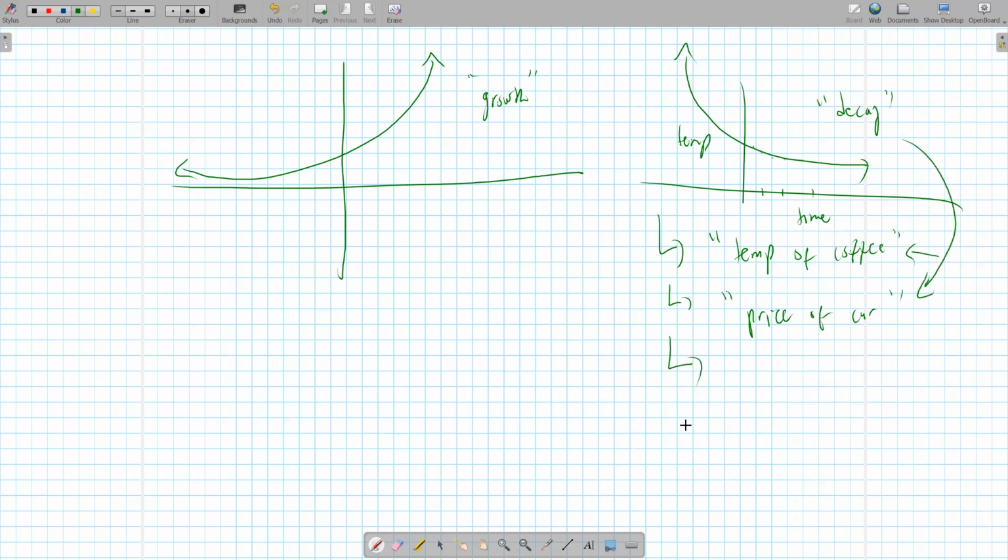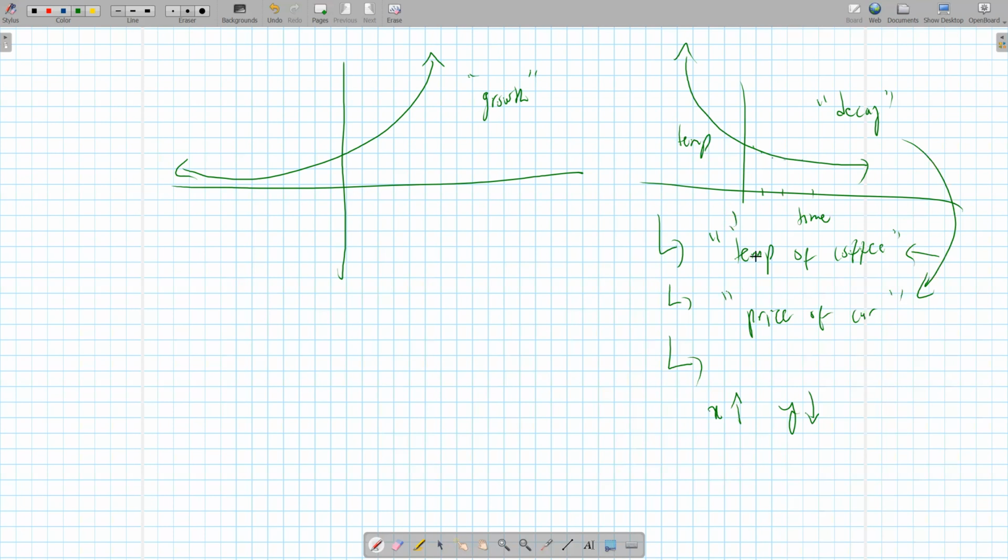Can you think of one more thing? So basically, what does that mean? As x goes up, y goes down. Doesn't it have to do with money?